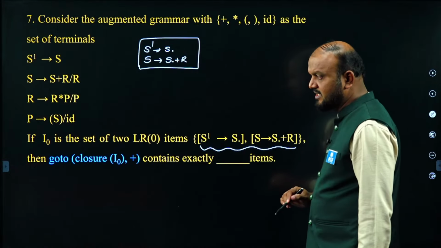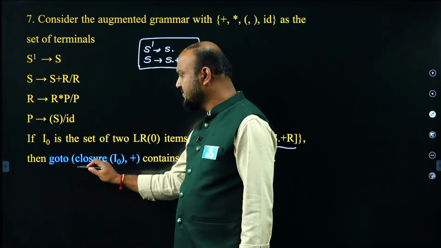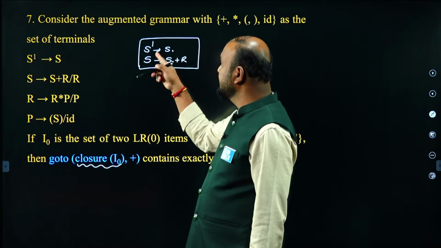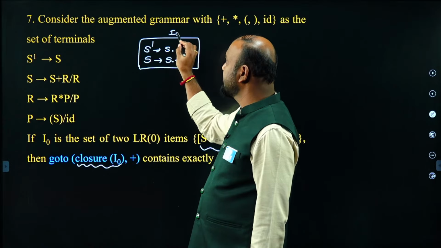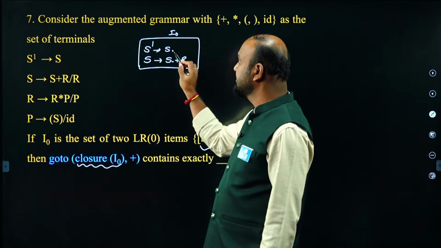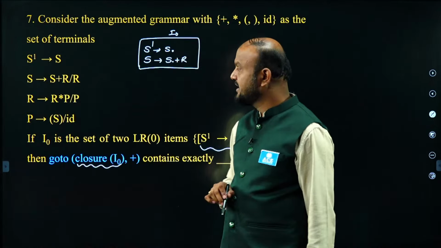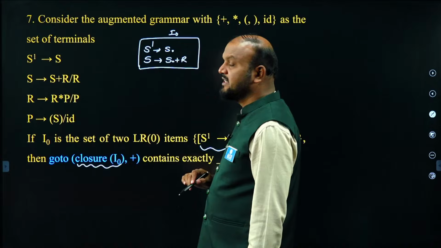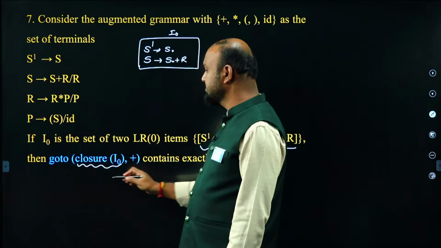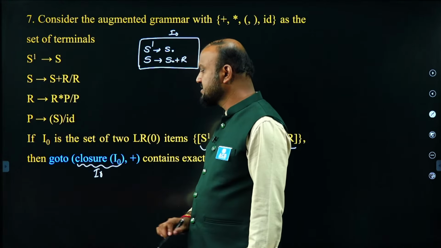Then go to of closure of I0. In this I0, any more items are possible to be added? No, because here augmented production dot reaches to the end. Here after dot we have a terminal. No more items are to be added. So closure of I0 is I0 itself.